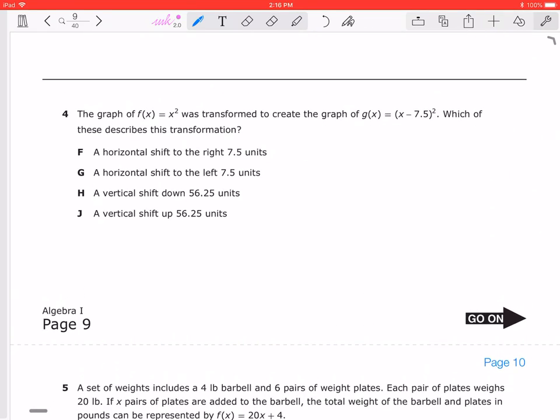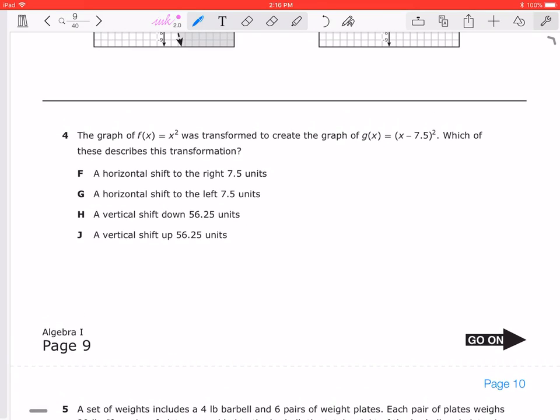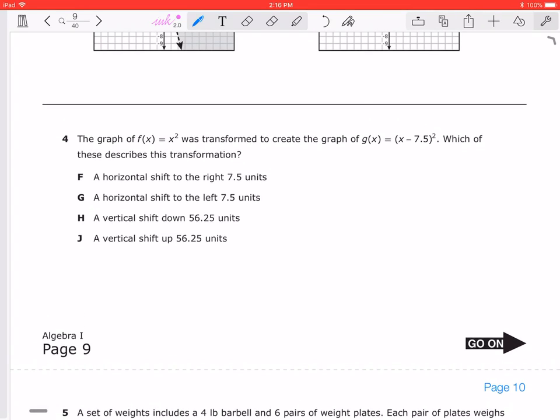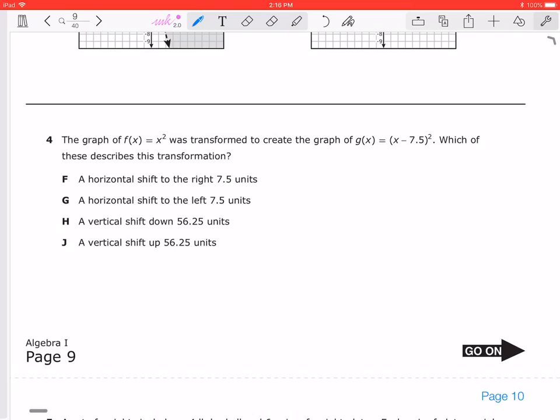Number 4, it says that the graph of f of x is equal to x squared, that's our parent function, was transformed to create the graph g of x is equal to x minus 7.5 squared. Which of these describe our transformation? Well, if we remember vertex form, y is equal to a times x minus h squared plus k.